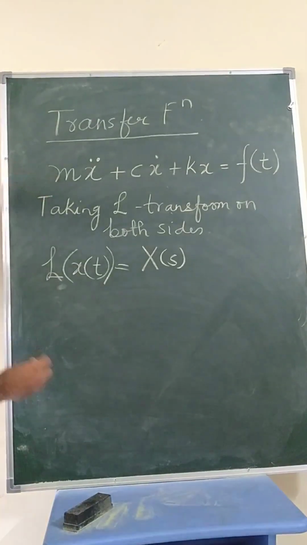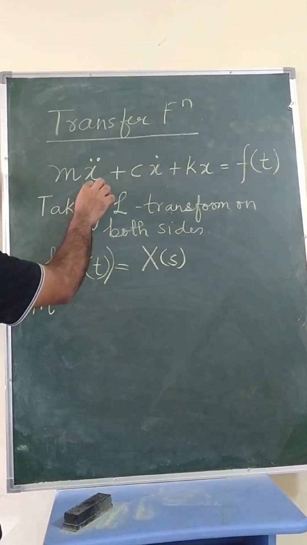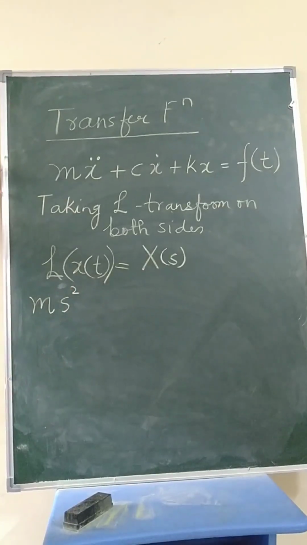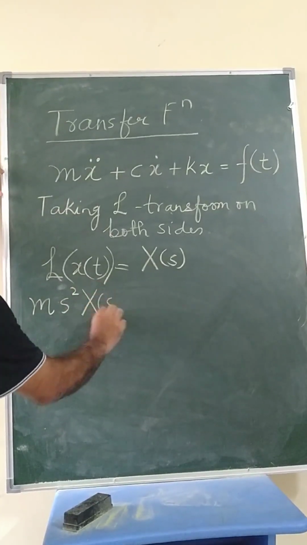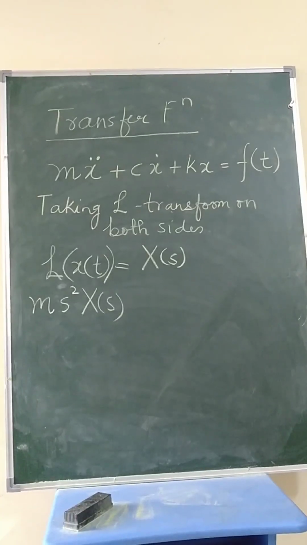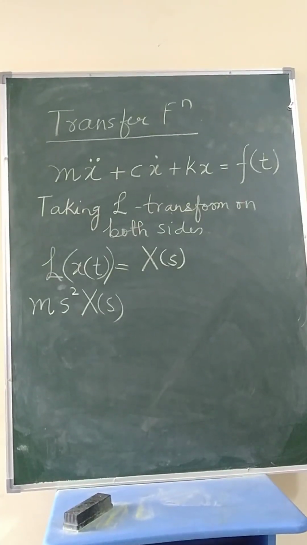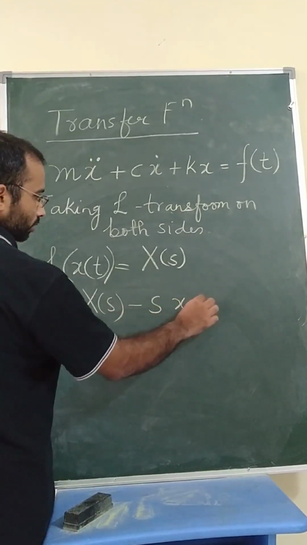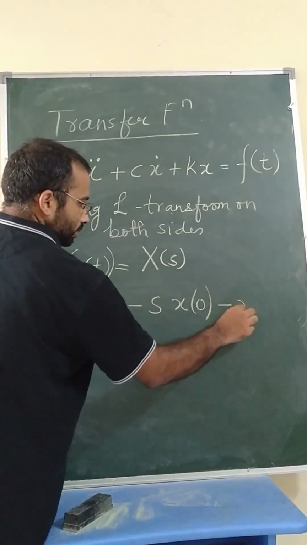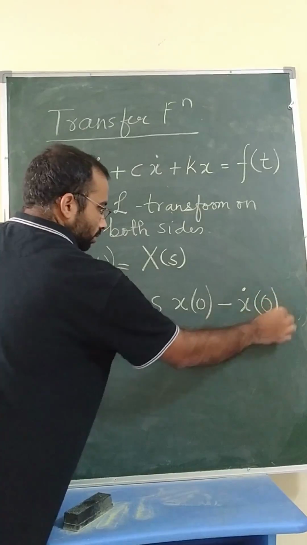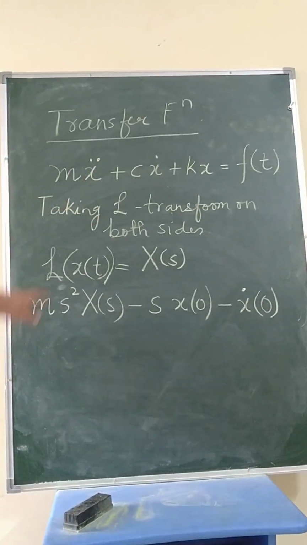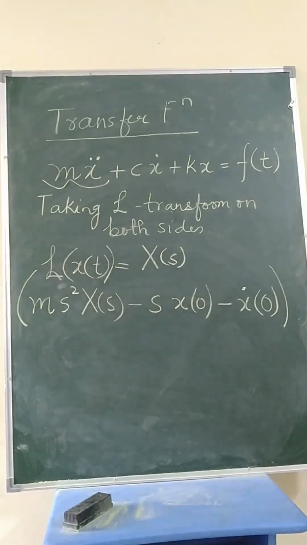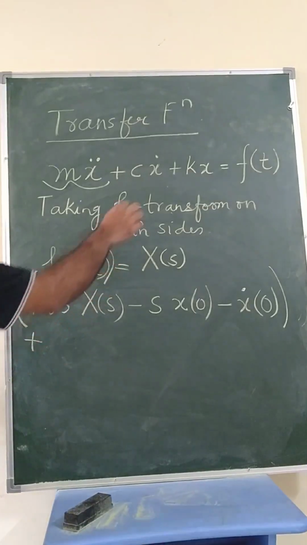So what will I get here? m times, this is the double derivative of the x(t) function, so I get m s squared times X(s), using the property that we introduced in the last class: m s squared times X(s) minus s times x naught minus x dot naught, the initial velocity. This is the Laplace transform of this term, plus the Laplace transform of this term.